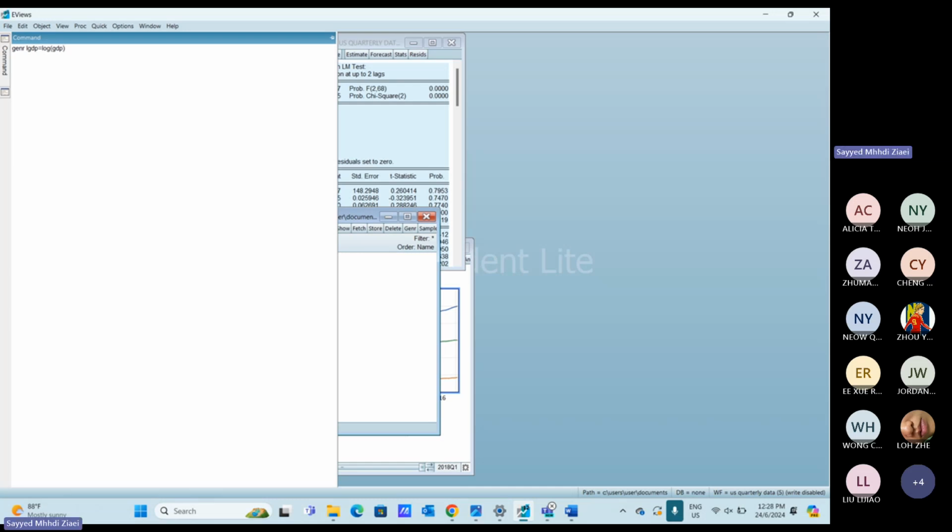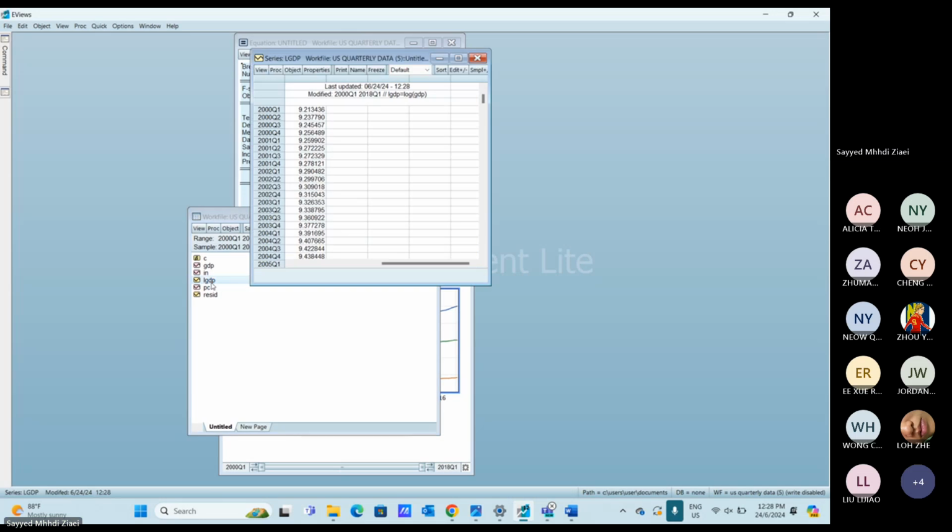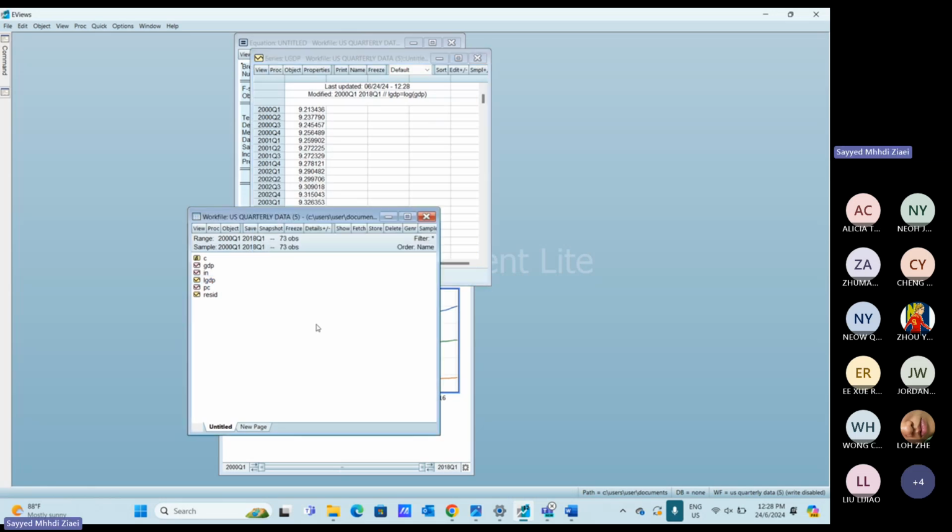So we give this information to the software. Okay, we need LGDP. L stands for what? Log of GDP. And then enter. When you enter, LGDP pops up here. See? This one is LGDP now.